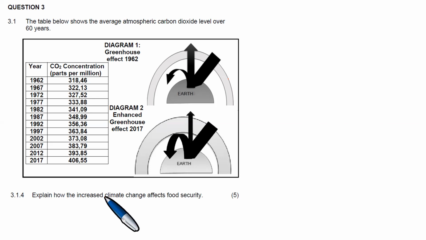So you continue and explain how the increased climate change affects food security. If there's an increase in climate change, how does that affect food security on Earth for us? Does it mean we are food secure or food insecure? Those are the kinds of things we discuss now.